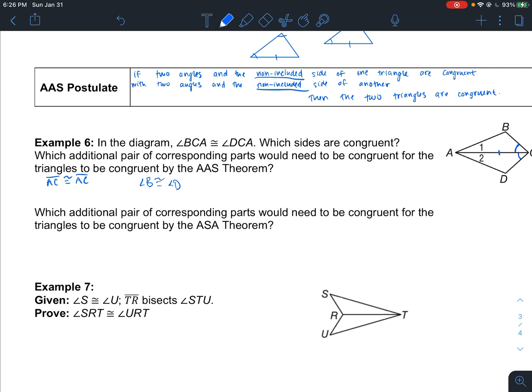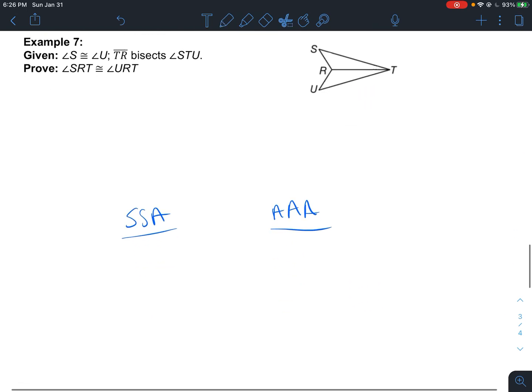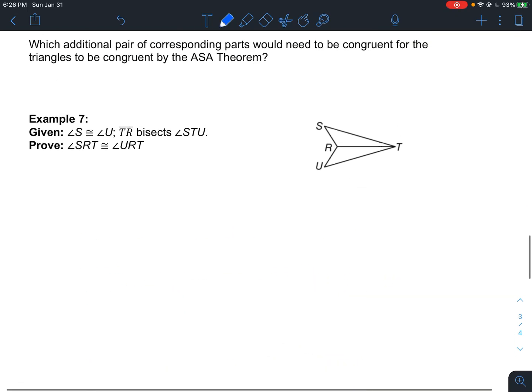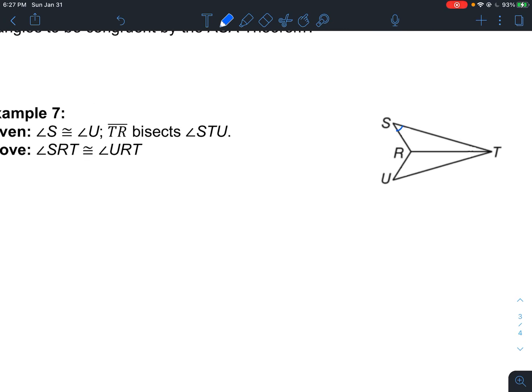But let's do an example where we have to use the AAS theorem. In here we are given that angle S is congruent with angle U. So I know that this angle is congruent with this angle. And then it's also given that TR, this line right here, bisects the angle STU, which is this angle right here.